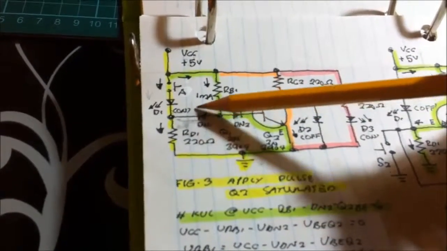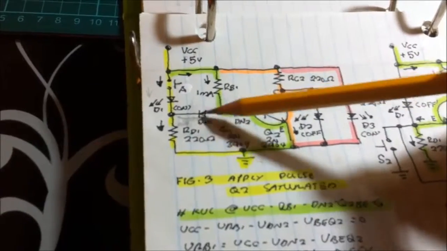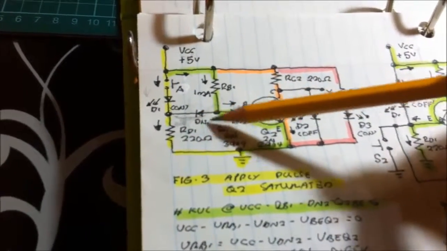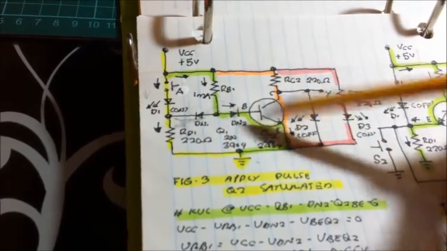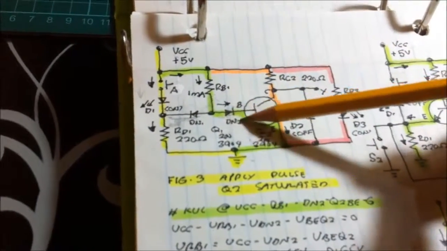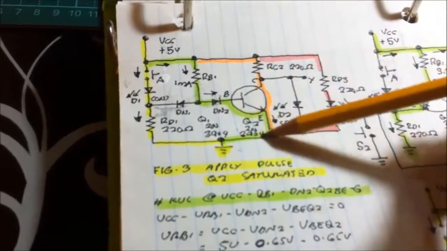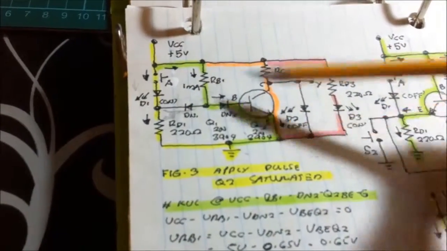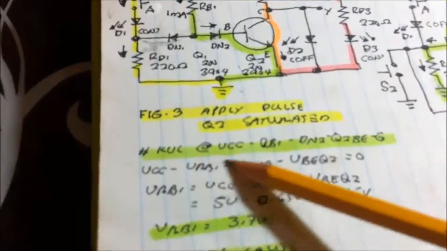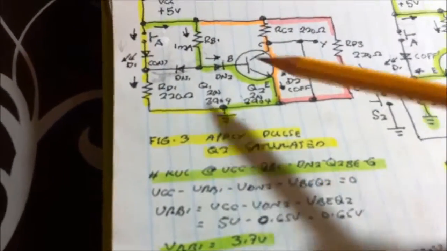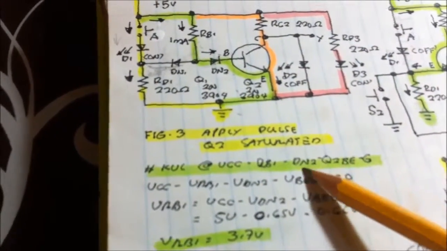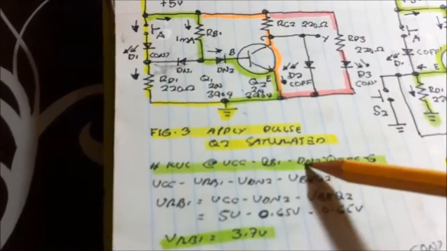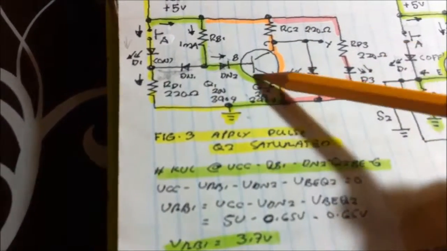This is positive, becomes negative here. This is the anode, the cathode side. So it is reverse biased, making this one forward biased. Since this is forward biased, we're now going to compute the KVL across VCC up to the ground: VCC, RB1, diode DN2, base to emitter, and then to the ground.